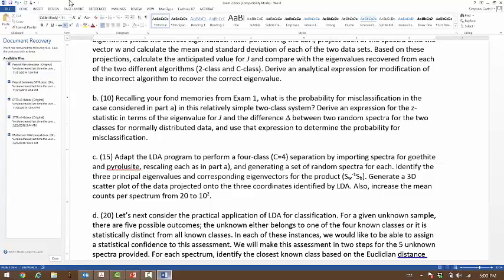You'll do that using the numbers from here in terms of the mean, in terms of the eigenvalues. Based on the eigenvalue and the numbers that you get from part A, you should be able to determine the probability of misclassification.